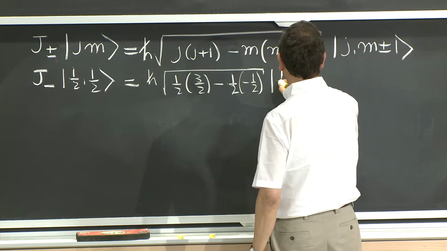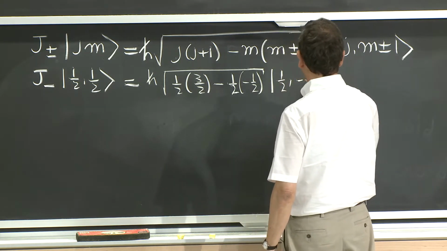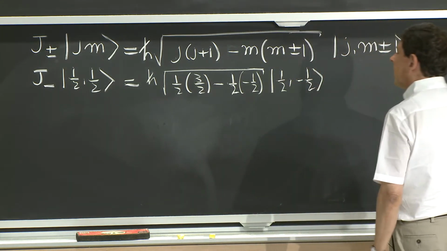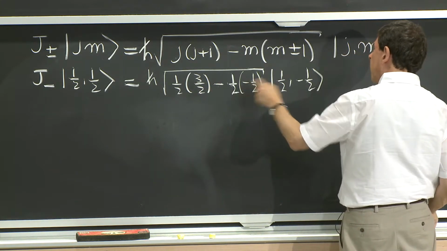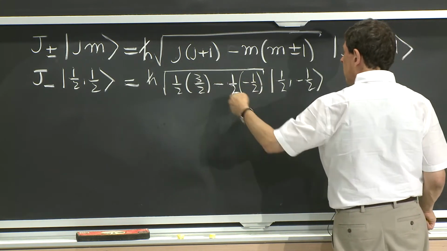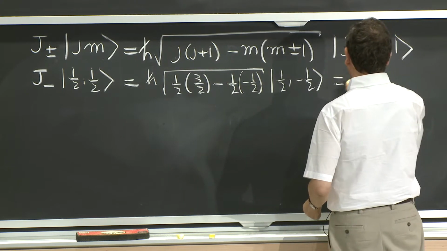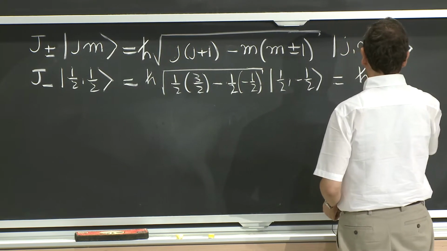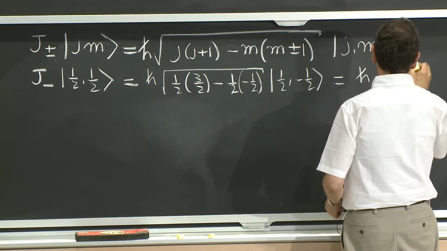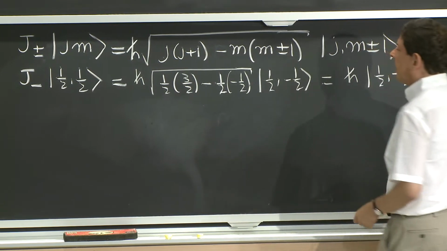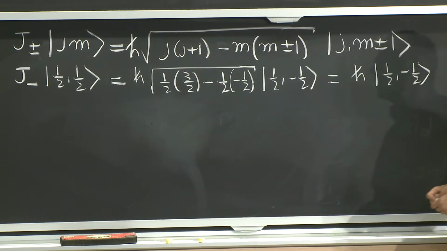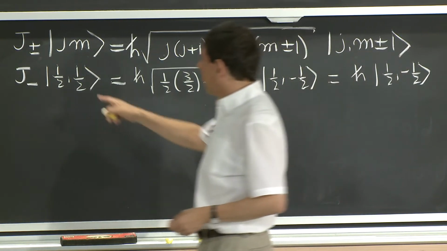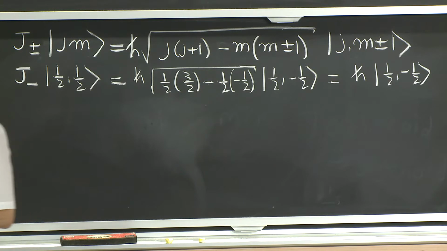And here is the state 1/2, minus 1/2. So this is 3/4 with the 2 minus, plus 1/4, that's 1. Square root of 1 is 1. So this is very simple. It's just h bar times the state 1/2, minus 1/2. That's kind of a neat thing. If you lower the state 1/2, 1/2, you just get h bar times the state below.